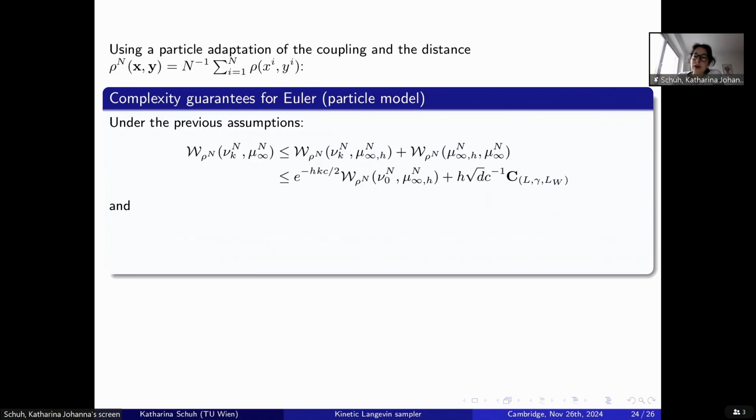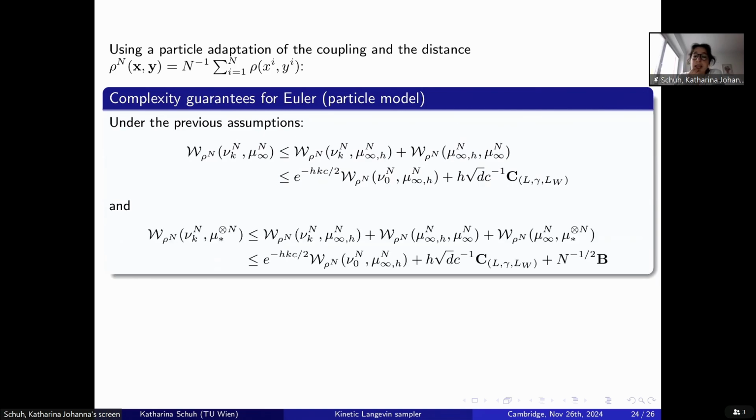And then also for the second term on the right-hand side, we can find a strong accuracy result, which is now with this distance rho_n independent of the number of particles. And then we can also look at, if you want to sample this measure mu star, but here we take n independent copies of mu star.